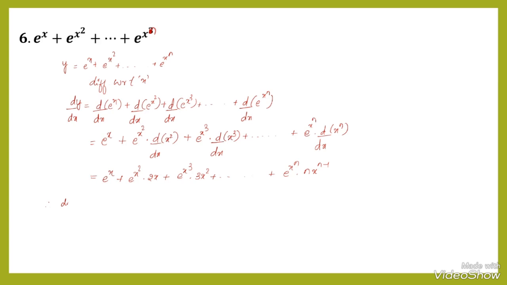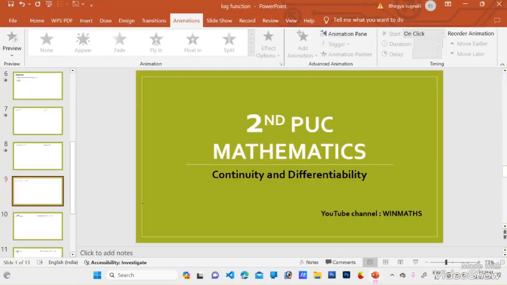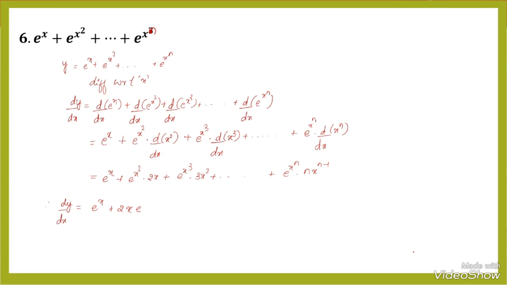Therefore, dy by dx will be e to the power x plus 2x into e to the power x square plus 3x square into e to the power x cube, and so on.